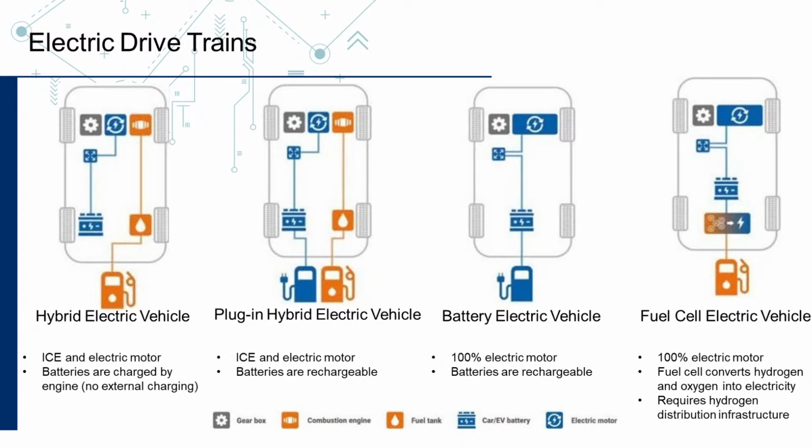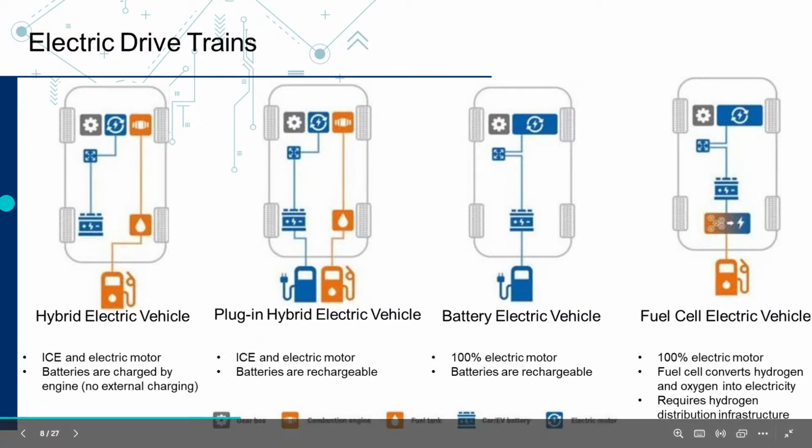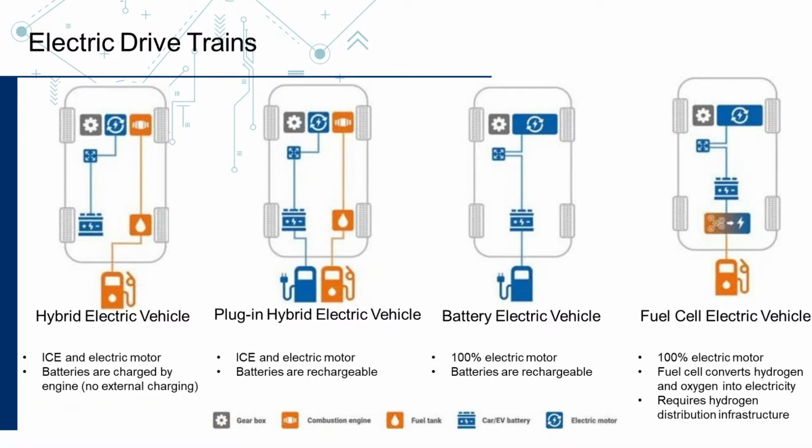And next one is the plug-in hybrid electric vehicle. What is this plug-in hybrid electric vehicle? The PHEVs are similar to hybrid electric vehicles, but come with a larger battery that can be charged by plugging into an electrical outlet.